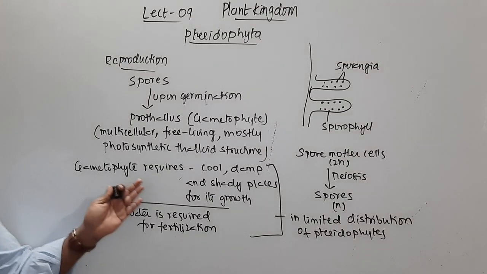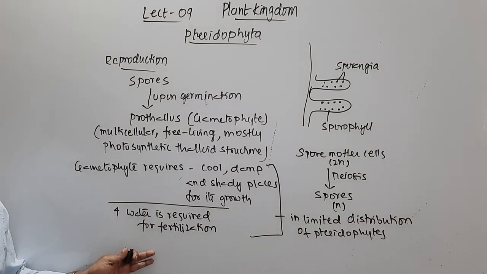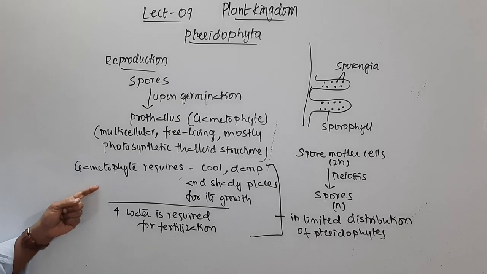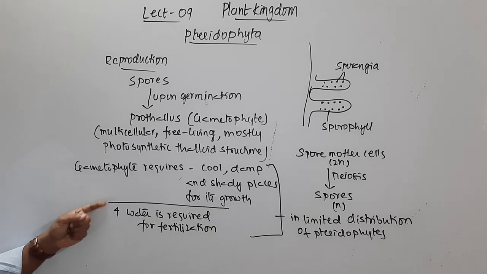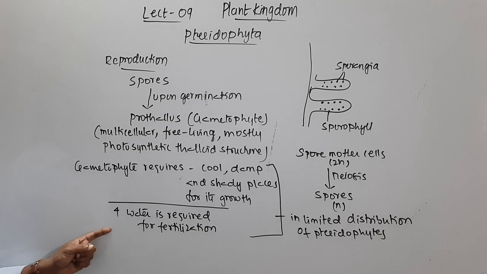If one condition or the other is not present, if both do not exist, then there is no chance of pteridophyte growth. So the requirement of these two criteria has limited the distribution of pteridophytes.